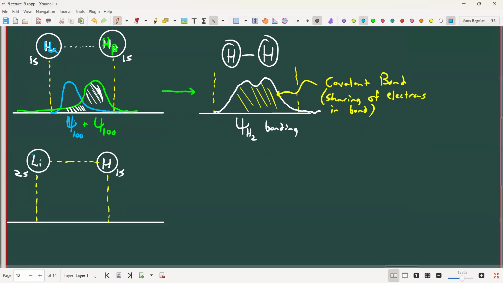Again, lithium will be blue, hydrogen will be H. This is in the 2s orbital, so the wave function changes signs. Oh, sorry, it needs to be in blue. The wave function changes sign here at long distance. And of course, the wave function for H doesn't at all. Completely symmetric.